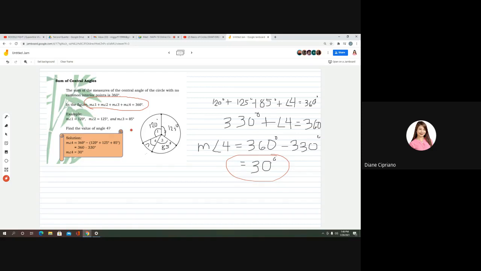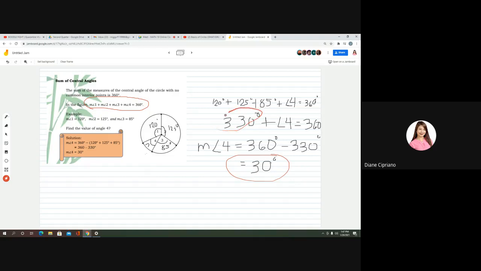So you have 120 degrees as your angle 1, 125 degrees as your angle 2, and 85 degrees as your angle 3. So you are looking for the value of your angle 4.